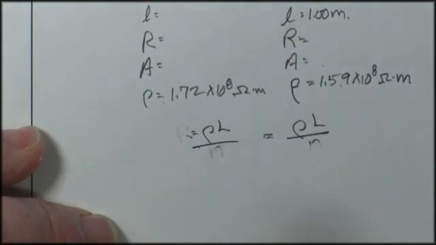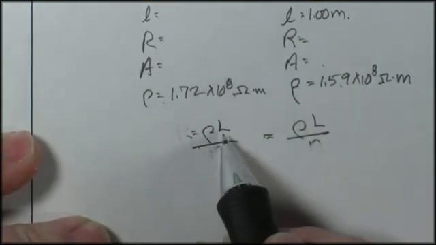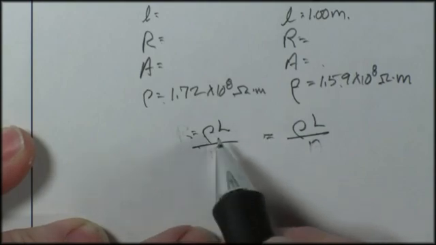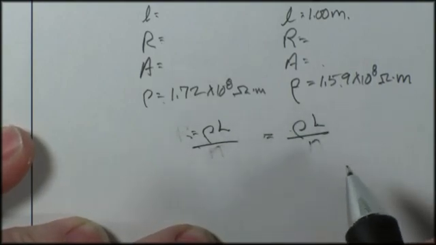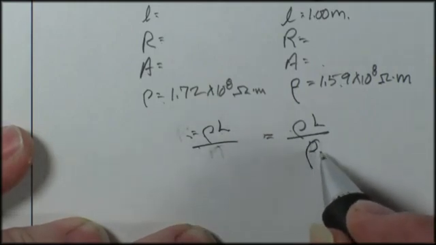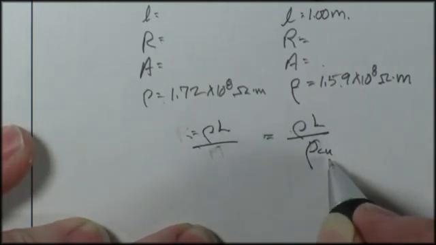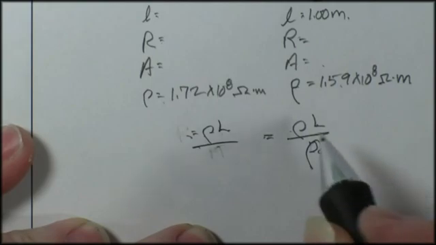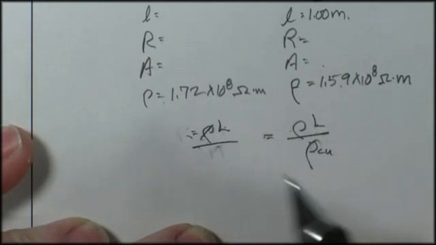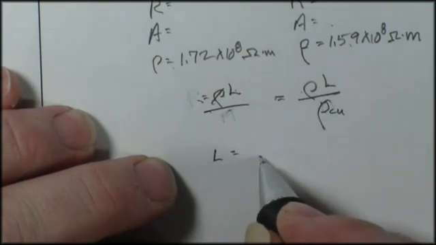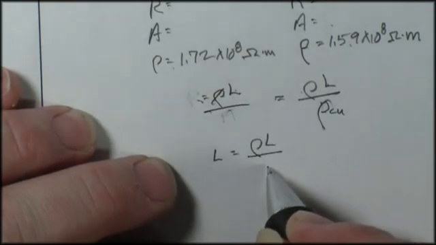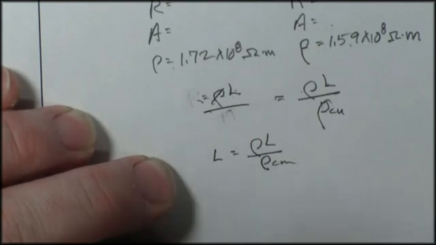Well, now I can work because I know rho for copper, I'm looking for L. I know rho for silver, and I know L for silver, so I simply divide the rho for copper into this quantity, and that will give me the length of copper. So I can write the math: length is equal to rho L over rho copper.